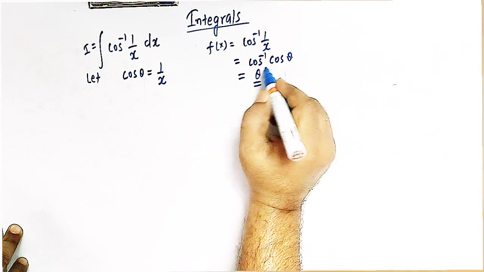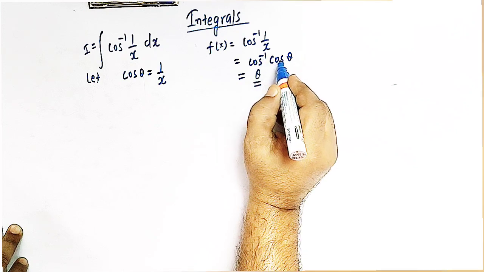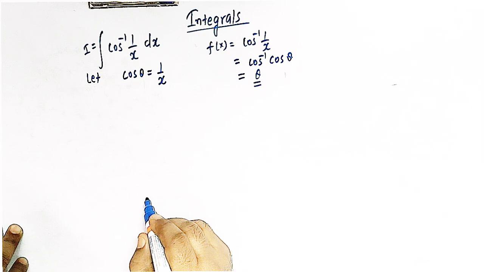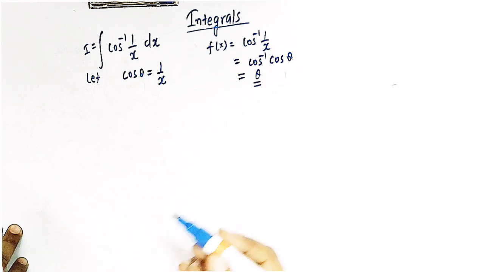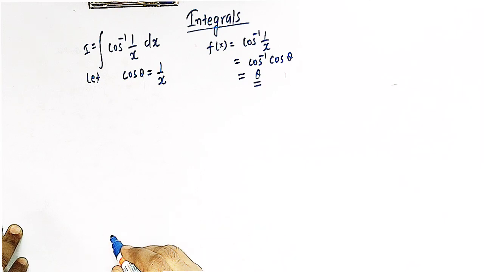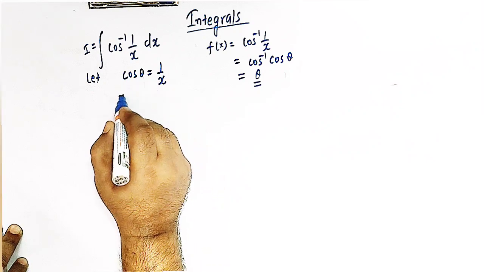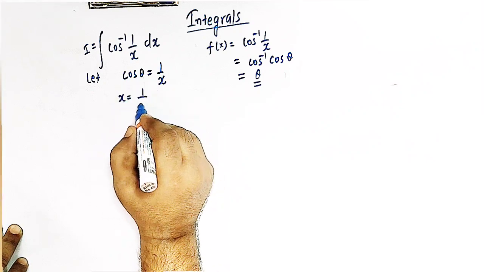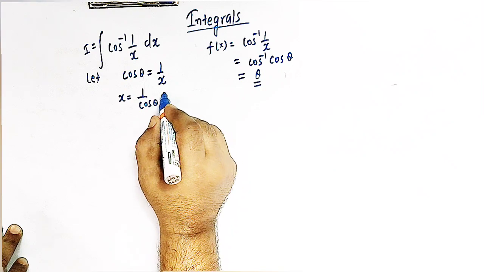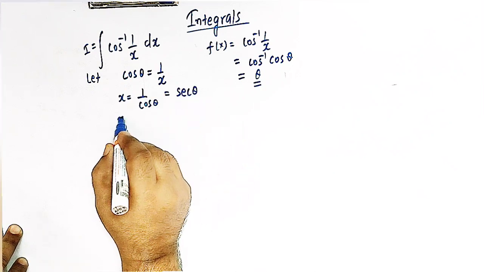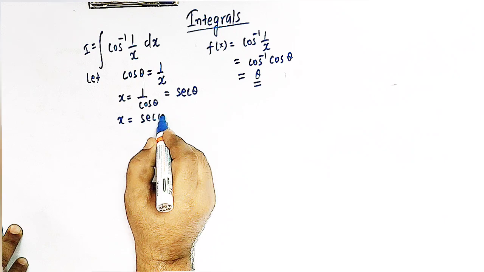Here we can cancel cosine inverse and cos by the definition of the principal value branch of the cosine inverse function. Now we can write x is equal to 1 over cos theta, and 1 over cos theta is secant theta. So we have x is equal to secant theta.